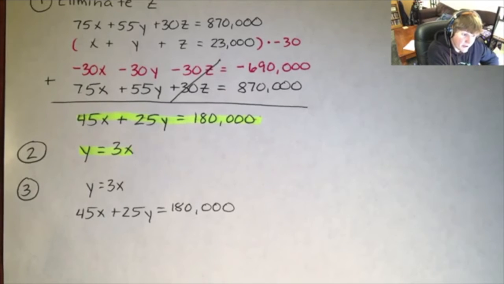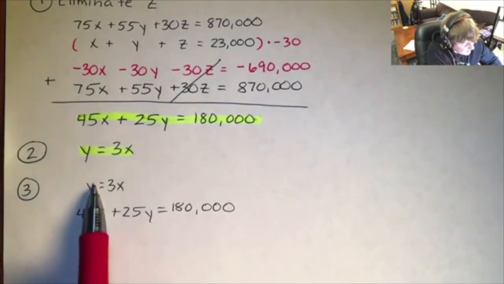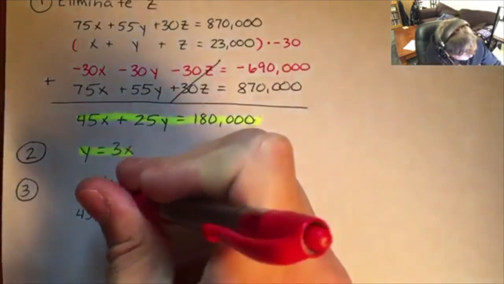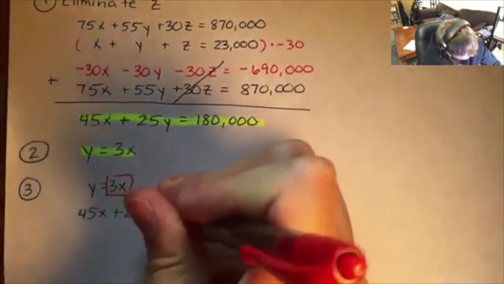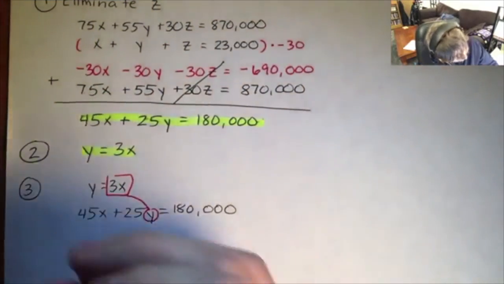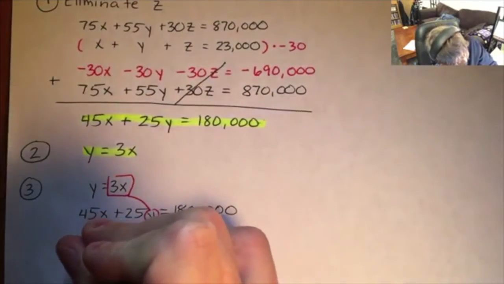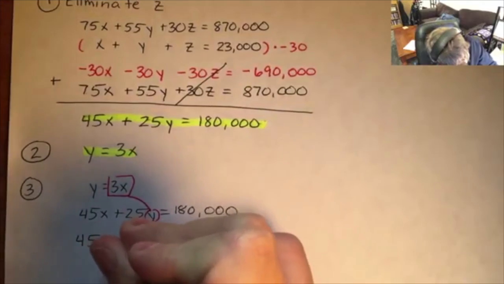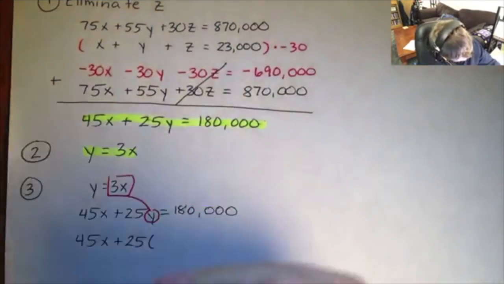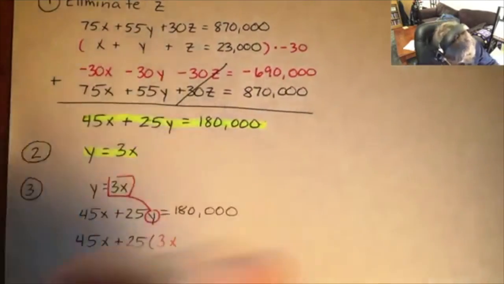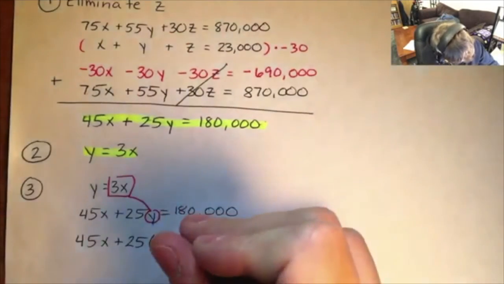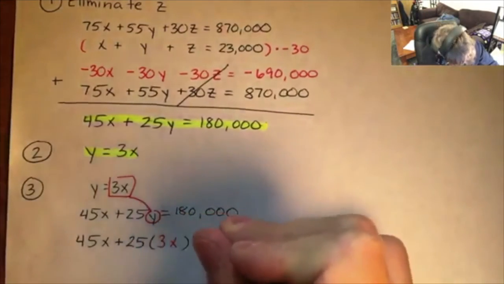So as you're thinking about that, hopefully you're telling yourself, well, the y is already isolated, so I can take what y is equal to and replace it in the other equation. So 45x plus 25 times 3x is equal to 180,000.